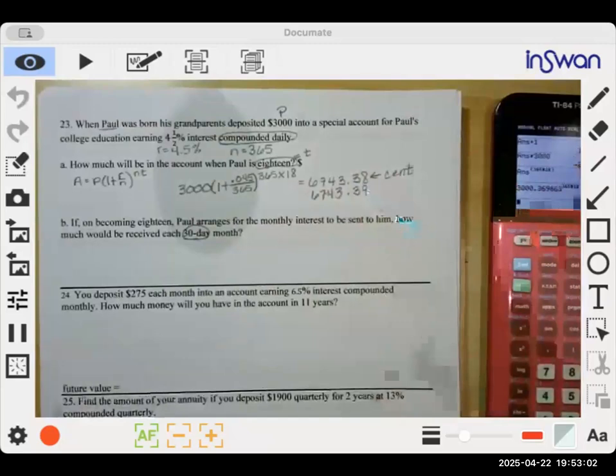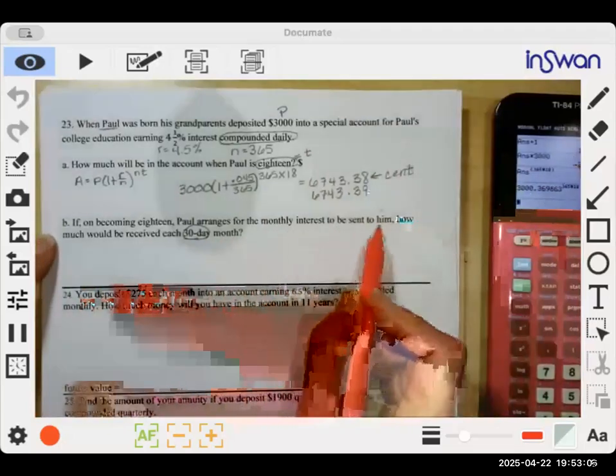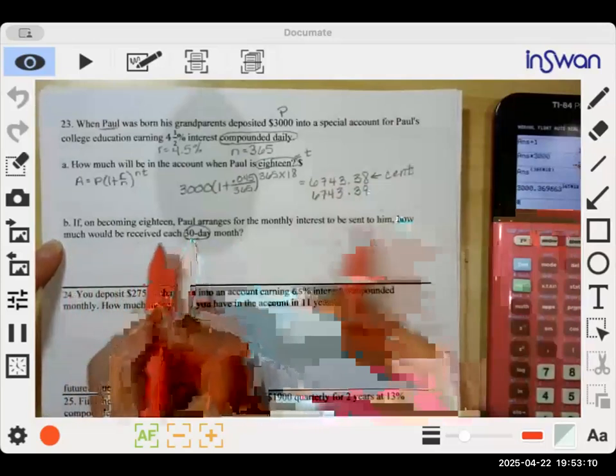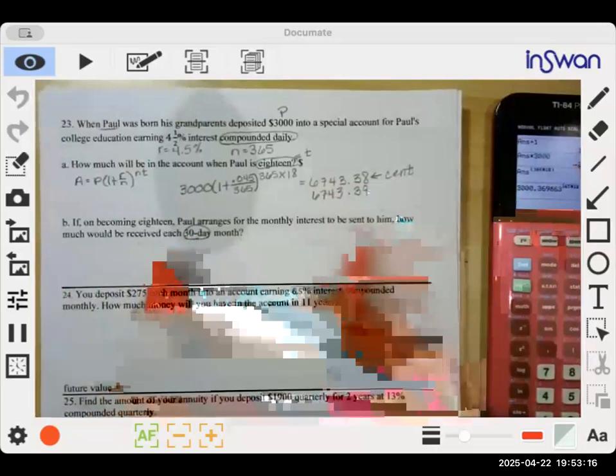All right, so on becoming 18, Paul arranges monthly interest to be sent to him. How much would be received each 30-day month? So what formula are we going to use here?